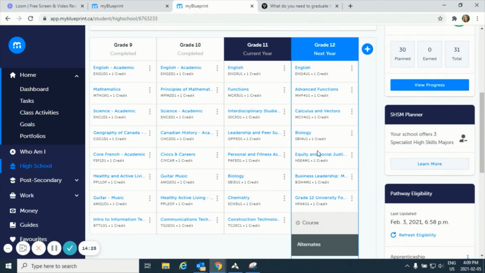The one thing that I do want to highlight to students is that we have students interested in taking courses in summer school, and that's a really good idea and something that we support at Vanier.